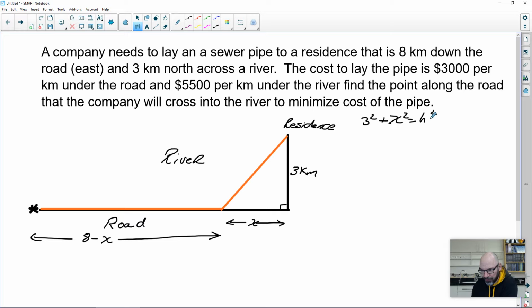So the hypotenuse is the square root of 9 plus X squared. That's your distance there, and your distance here is 8 minus X, in terms of X. You don't know what X is; that's what you have to find out.